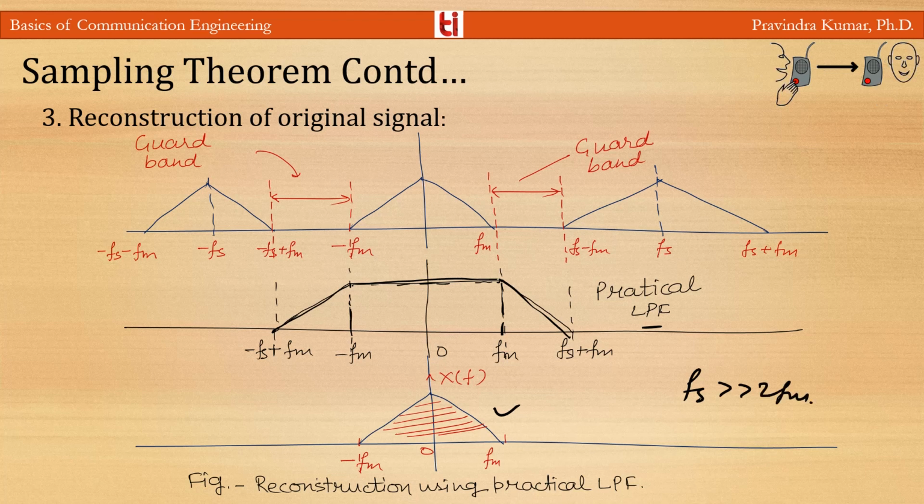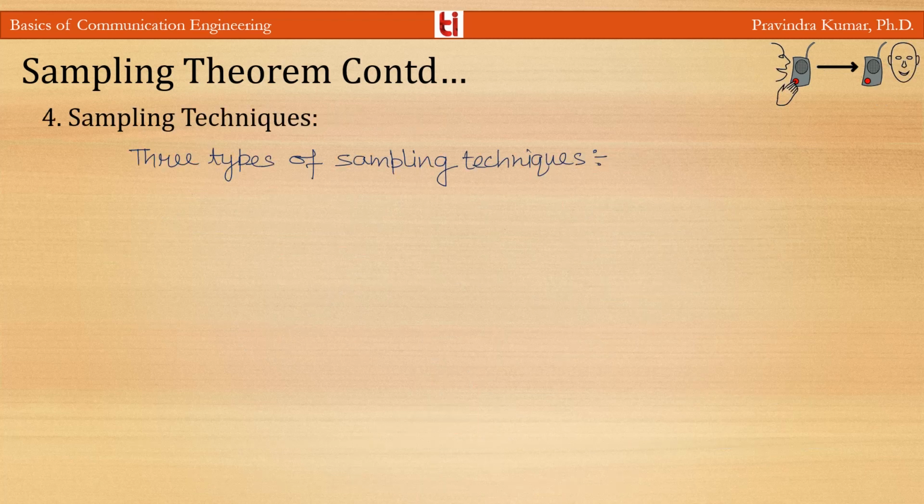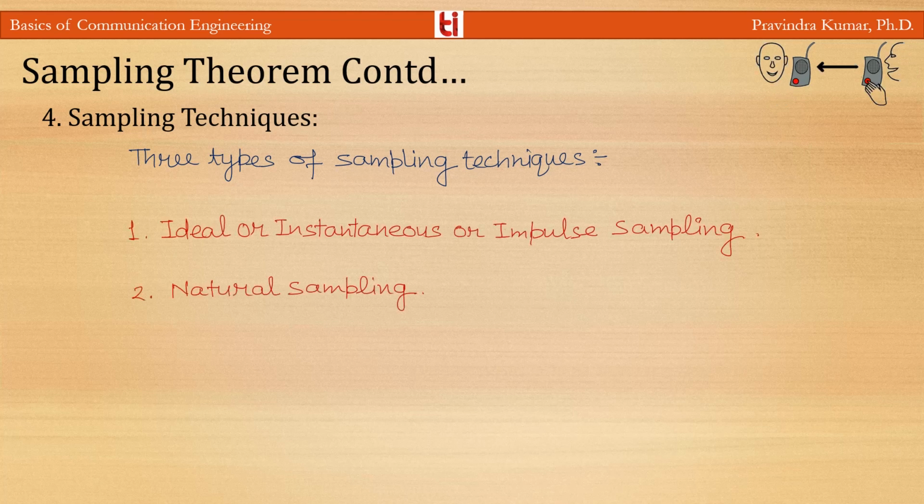Now the sampling techniques. Basically there are three types of sampling techniques: ideal or instantaneous or impulse sampling, natural sampling, and flat top sampling. The sampling technique which we have discussed in this lecture, which uses a unit impulse train as the sampling function, is known as ideal or instantaneous or impulse sampling.